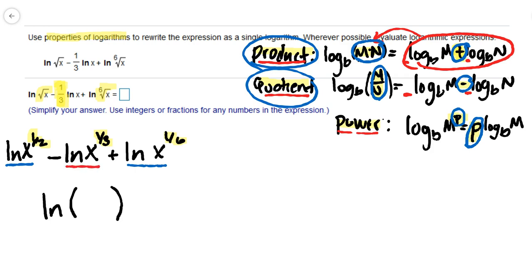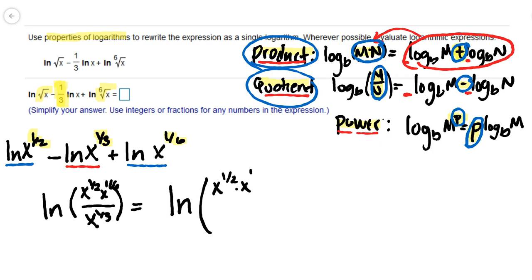So the two logs that are positive are going to be multiplied and put in the numerator, and the log that's negative is going to go into the denominator. So that's using the product and the quotient rule at the same time. So we have natural log x to the 1/2 times x to the 1/6 over x to the 1/3.